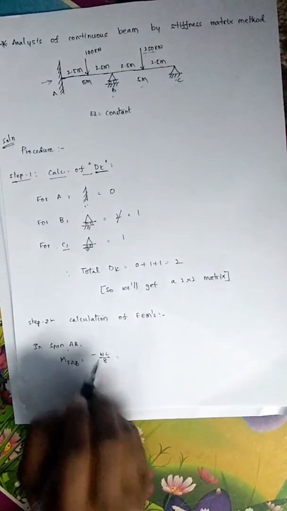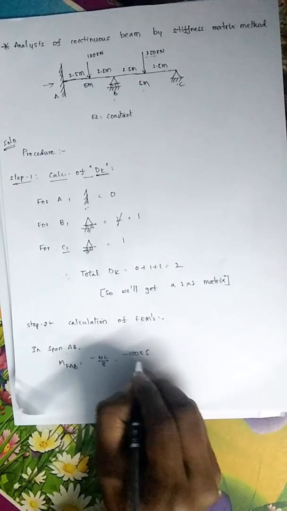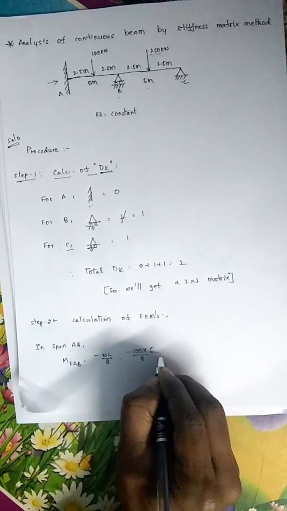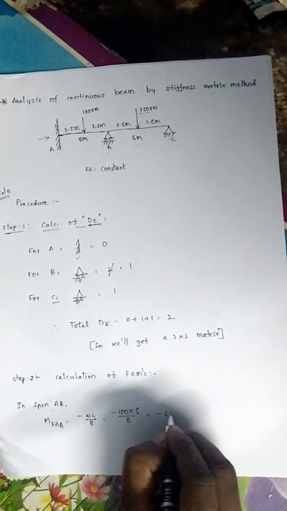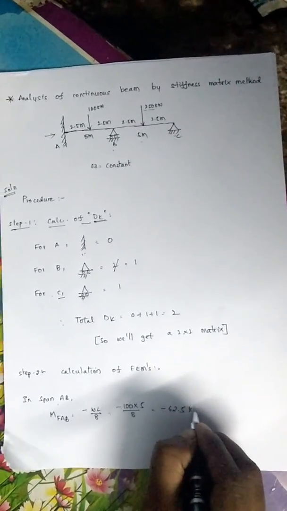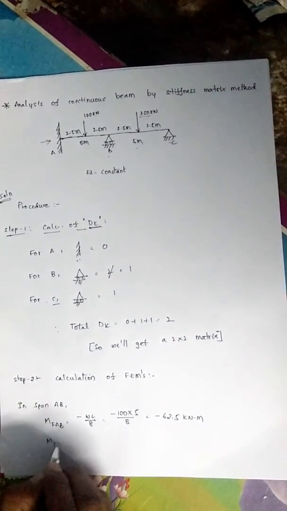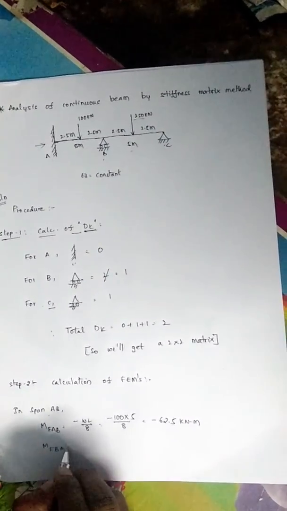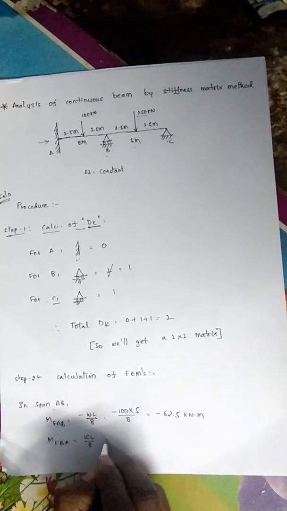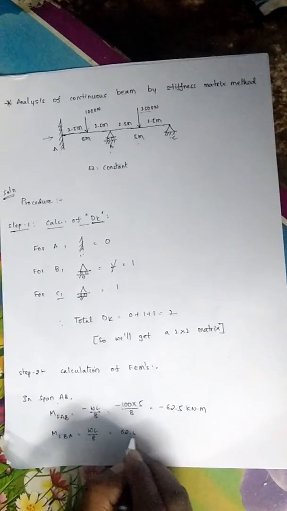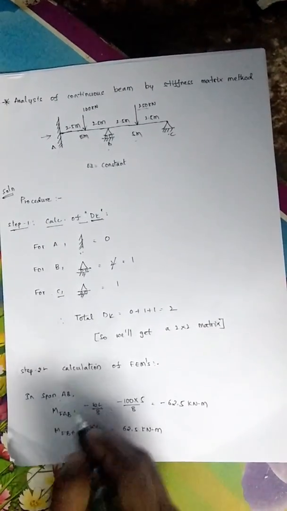So it is minus 100 into 5 divided by 8, which equals minus 62.5 kilonewton meter. MF BA is WL by 8. We will get 62.5 kilonewton meter, which is just the opposite of MF AB.